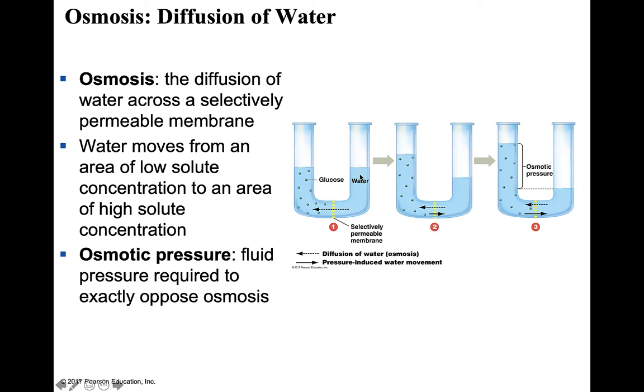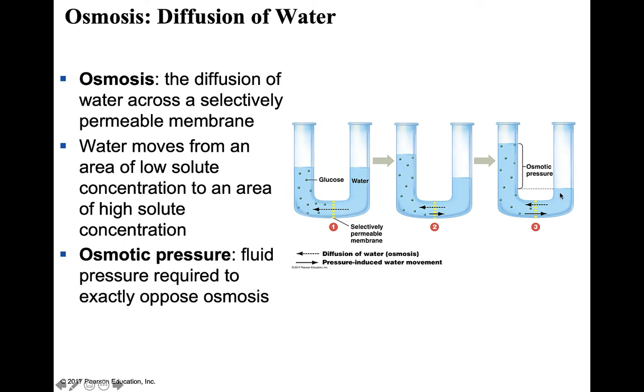Now remember, water follows solute if it can, so that glucose is actually exerting a suckage force, and look what happens. We see a much greater difference in the size of where the water is on this side of the tube and an increase over here. And what that means is that water has moved towards the solute because it can.